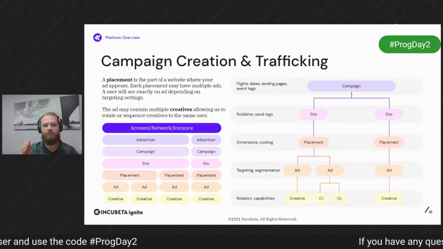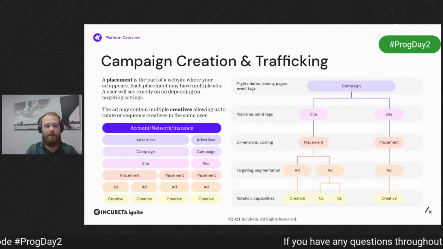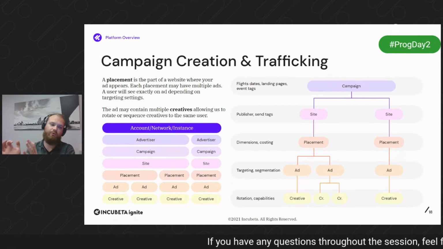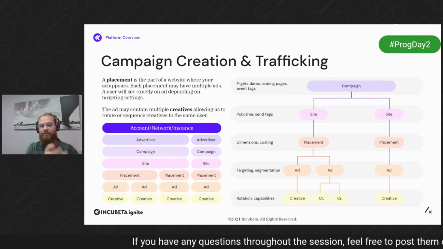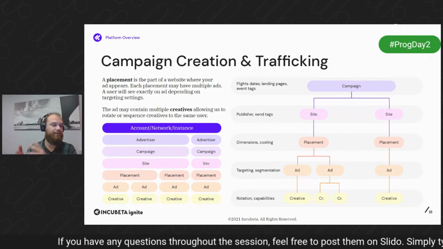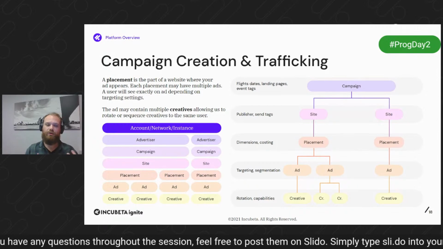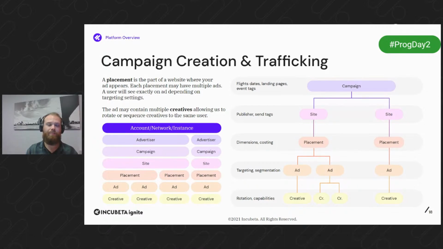You could rotate ads by priority, so this ad is more important than that one: for every 3 times this one shows, show the other once. You could rotate them based on click-through rate, or set a number of impressions that an ad will show before it's disabled. You can also add start and end dates, which is a really useful feature.